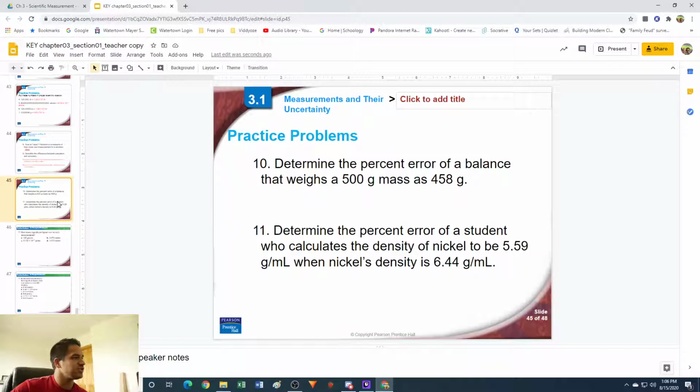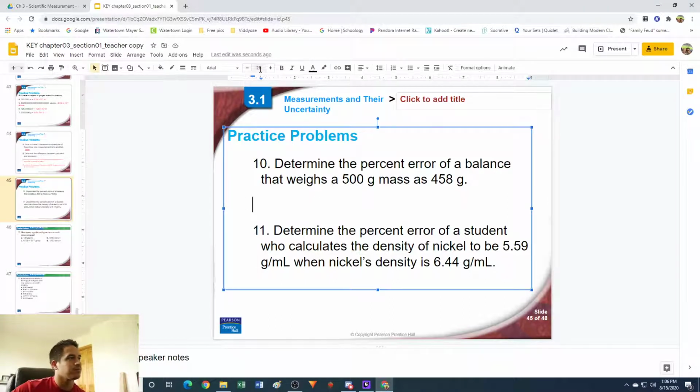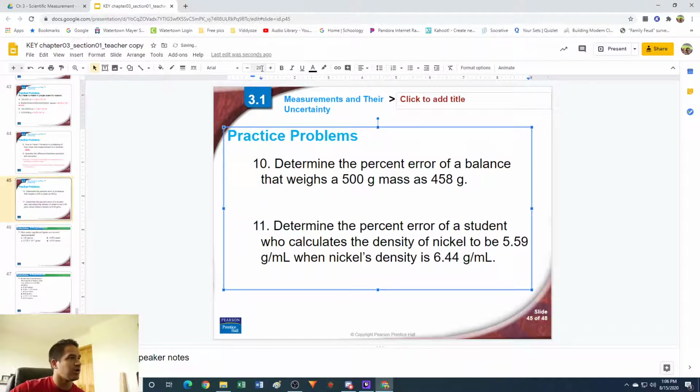All right, last 2 questions here. Number 10, determine the percent error of a balance that weighs a 500-gram mass as 458 grams. So this is a percent error problem. To find our percent error, percent error is going to be equal to the absolute value of our error, divided by our accepted value, and then times 100.